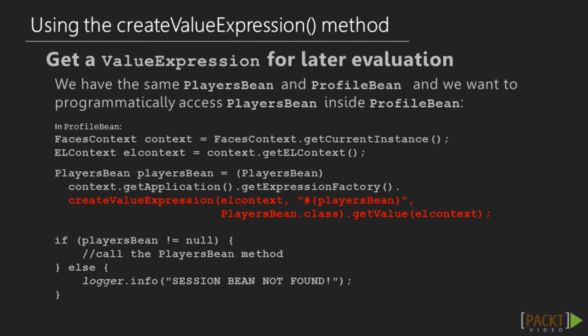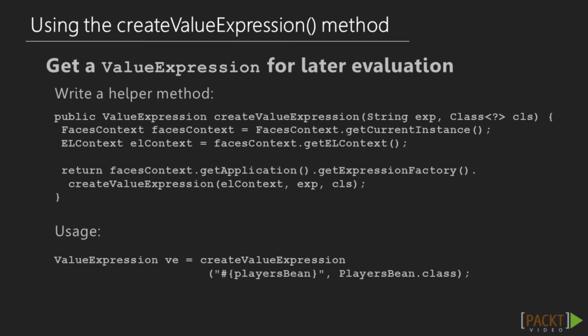For this, we explicitly call getExpressionFactory and pass the arguments to the createValueExpression method. In order to simplify this, we can use a simple helper method and pass to it only the expression and the class.